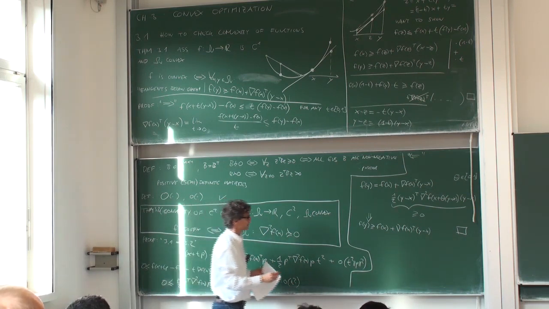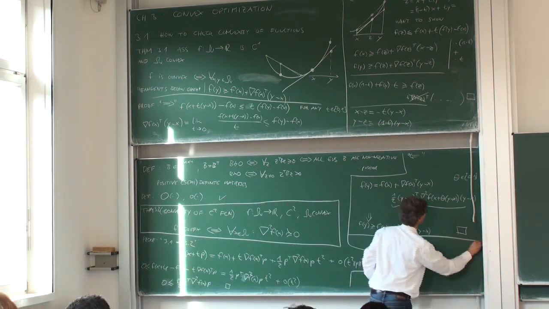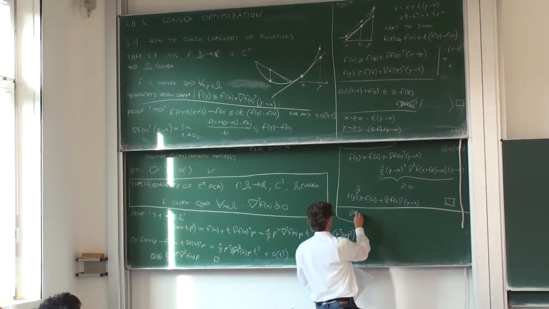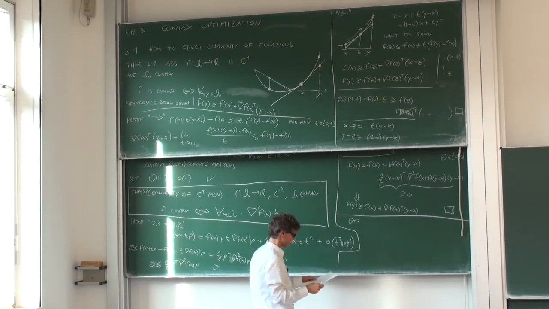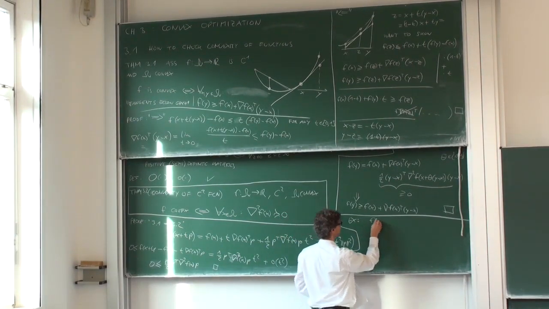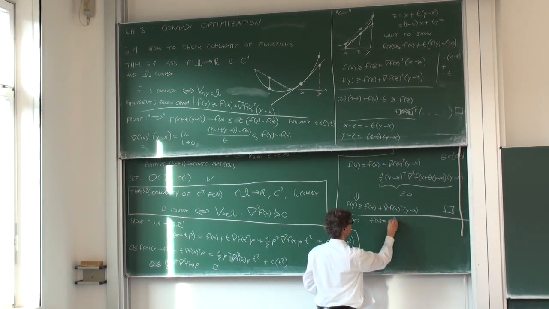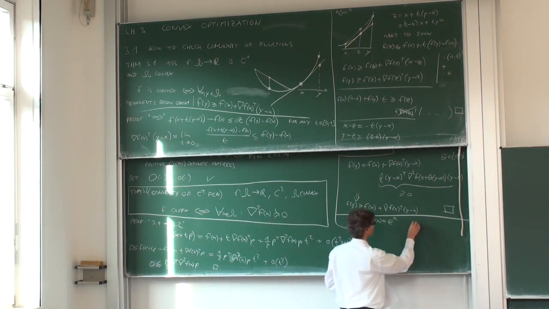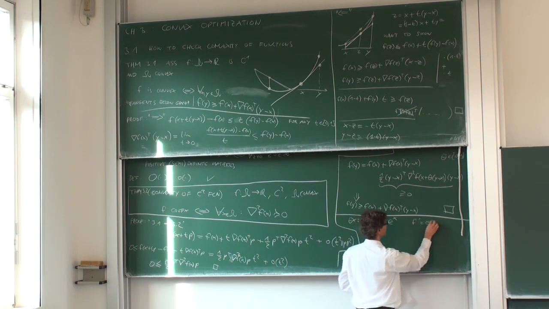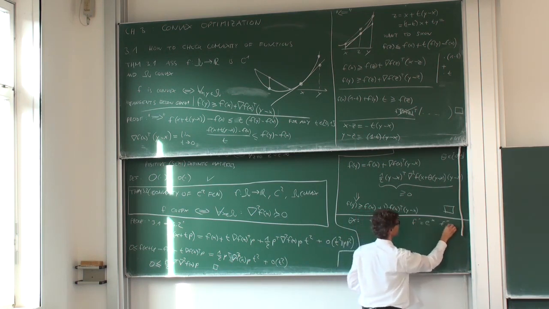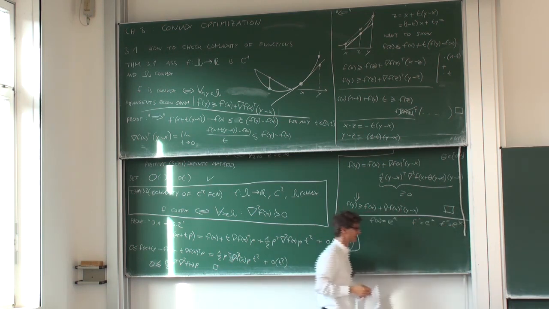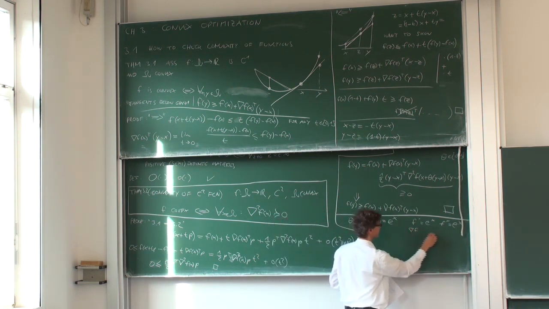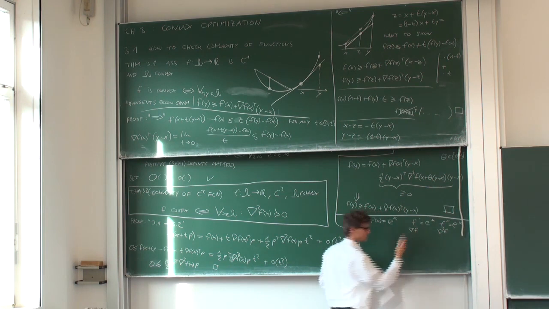I want to go through a few examples, and let's start with the simple ones. The first one, the exponential function. Let's take f of x being e to the x and compute its first derivative. f prime is e to the x, f prime prime is e to the x, so that's simple, right? These things of course correspond to the gradient of f and the Hessian of f.